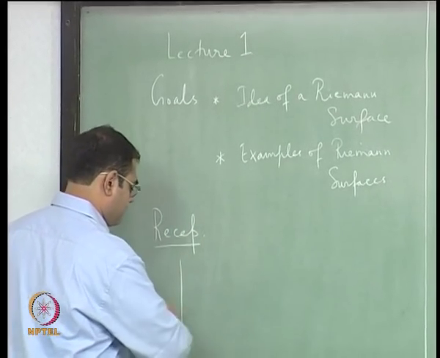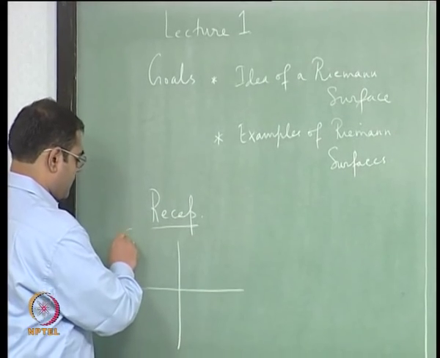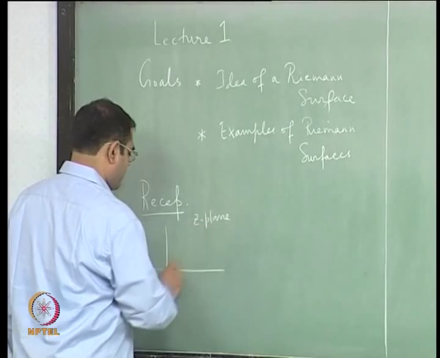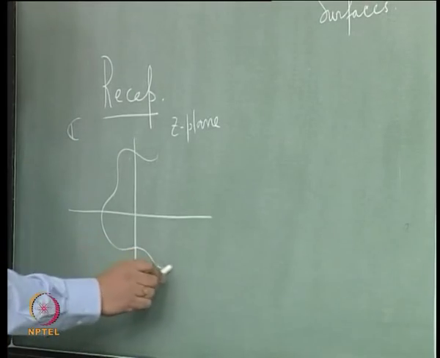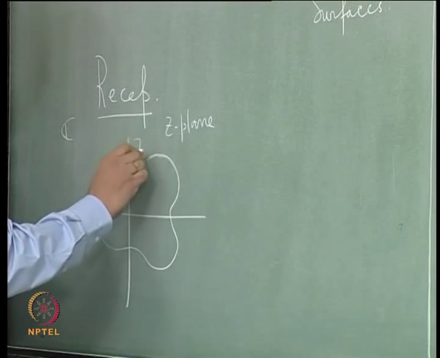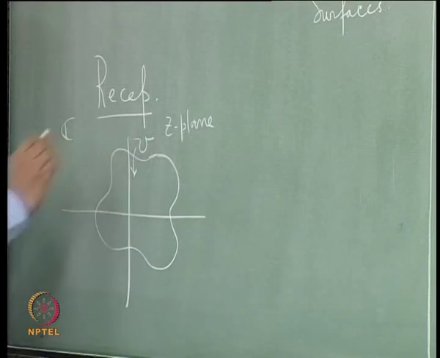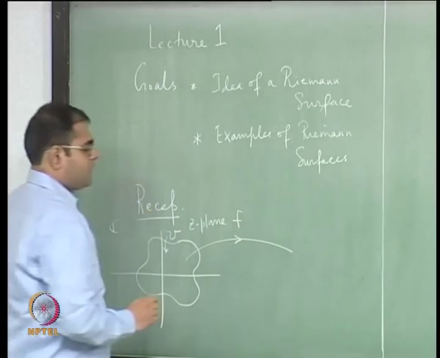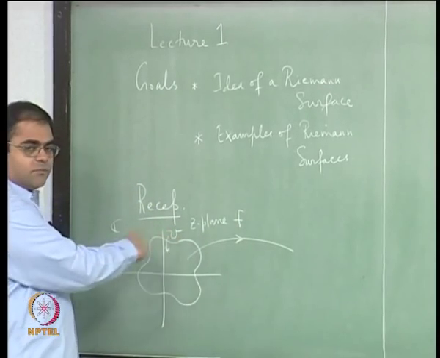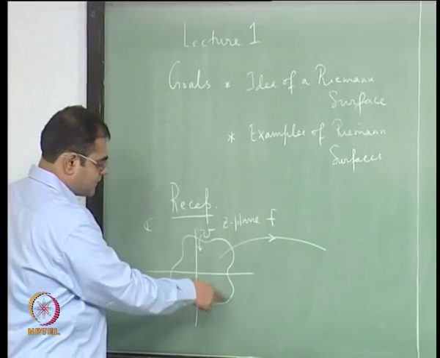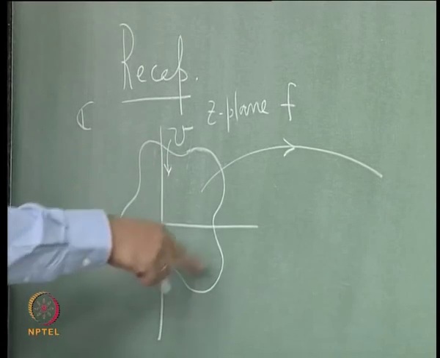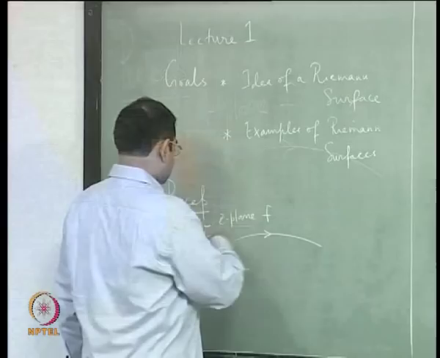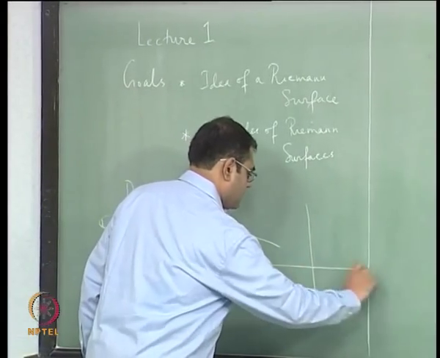So here is the complex plane which we call the z plane, and suppose we have an open set U in the complex plane, and we have a function f which is defined on this open set U. You can think of U as the interior of this amoeba like region that I have drawn here, and the function takes complex values again.